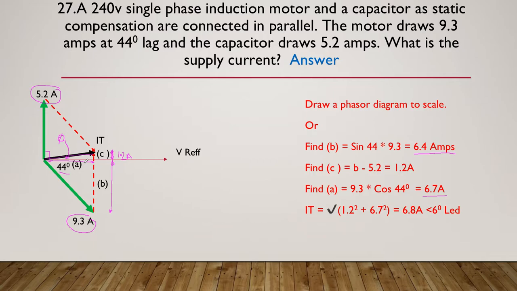And so we have 6.7 and we have 1.2, so we can just use Pythagoras, and it tells us that it's 6.8 amps in length, and I admit I just estimated that it's about 6 degrees. Again, we could have used some trigonometry and worked out exactly what it is, but it looks like it's about 6 odd degrees.